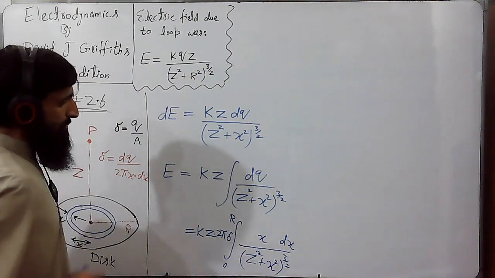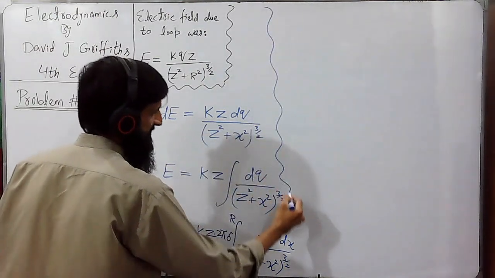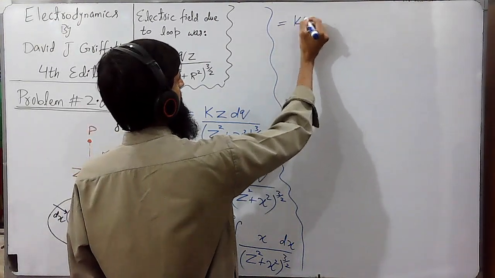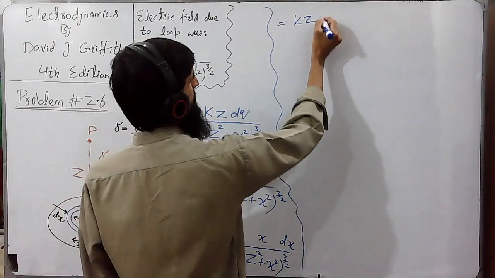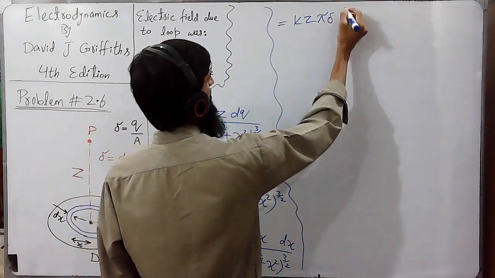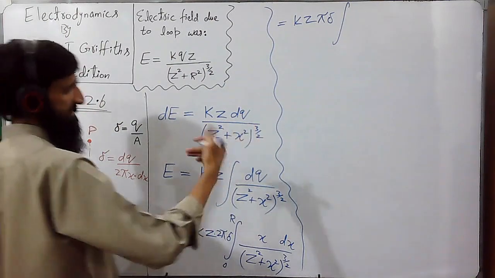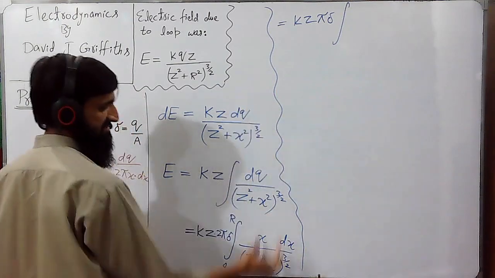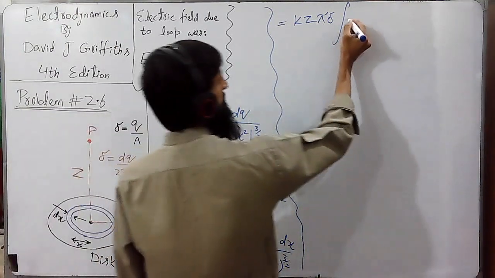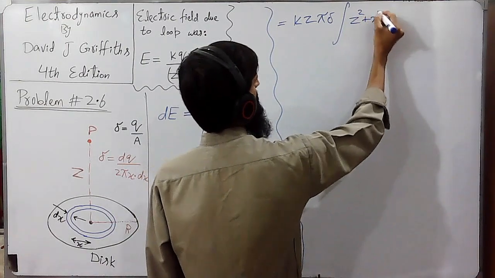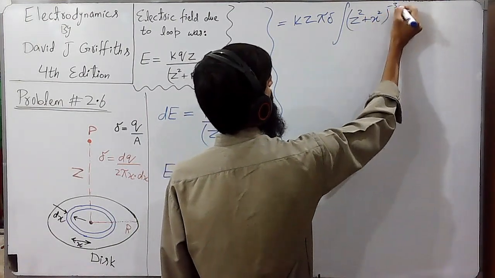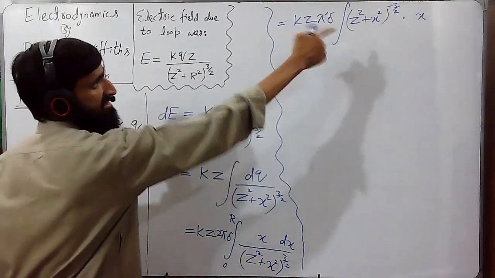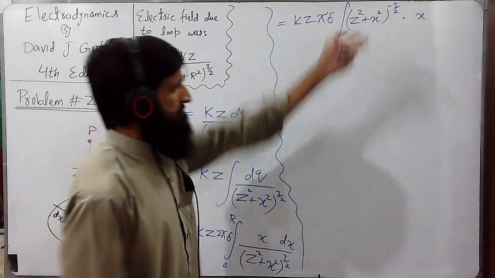Hope it's clear. Now let's integrate this expression. Let me write the expression first: K z pi sigma, and now where is 2? Let me tell you. If I shift the expression in the denominator upwards, it becomes (z square plus x square) whole power minus 3 by 2, and the x in the numerator is written as it is, then dx.